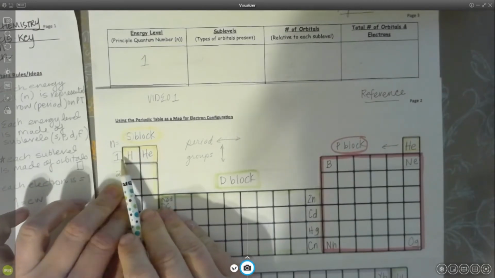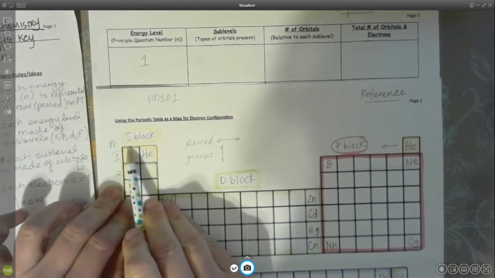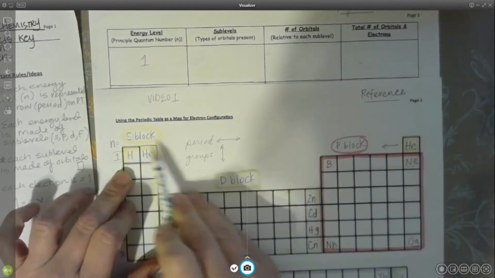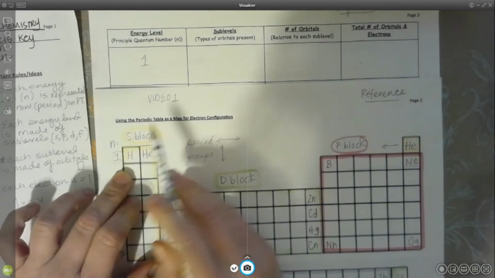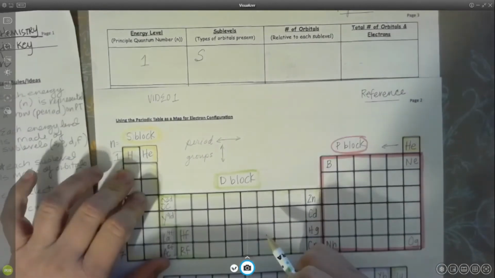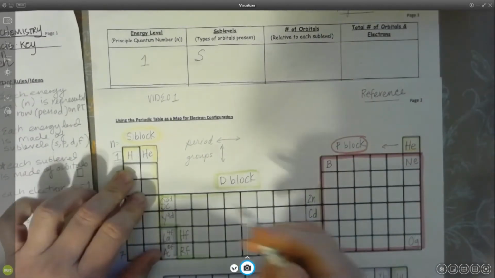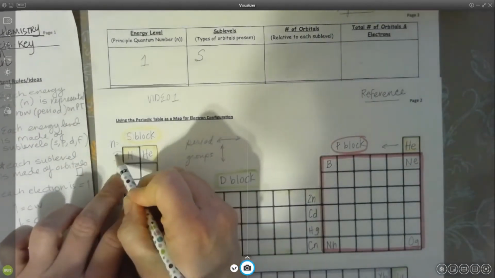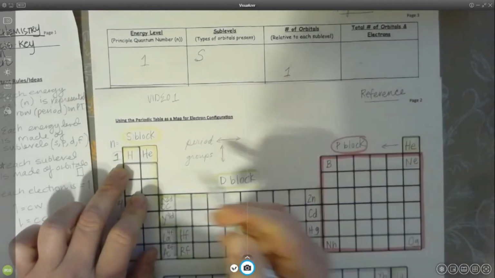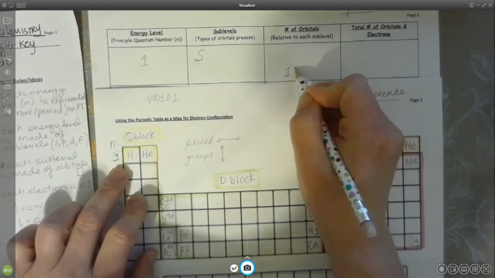And we're going to first look and find out what kind of sublevels are located in the first principal quantum energy level. So here as we go across, you'll see we only have S block. Hydrogen and helium are both in the same color. That color corresponds to the S block. So we're going to say that we have the S sublevel. The way that I would draw this is I would take a 1 from the period number, and then I'm going to say S for S block.